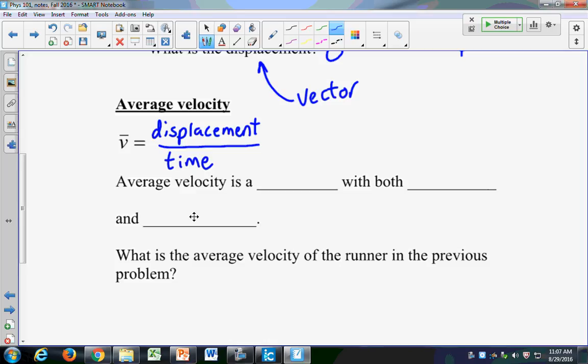Displacement is a vector. Distance is not a vector. Distance is like what your odometer reads, right? There's no directional information for that. Distance is a scalar quantity. Average velocity is a vector with both magnitude and direction.